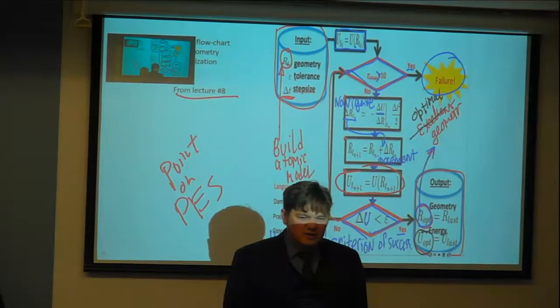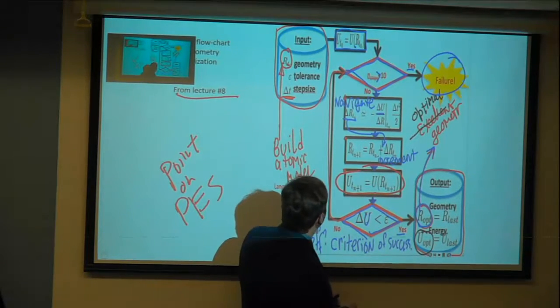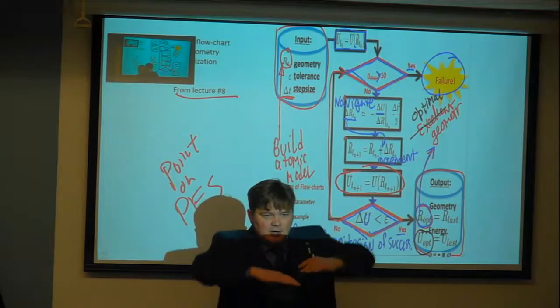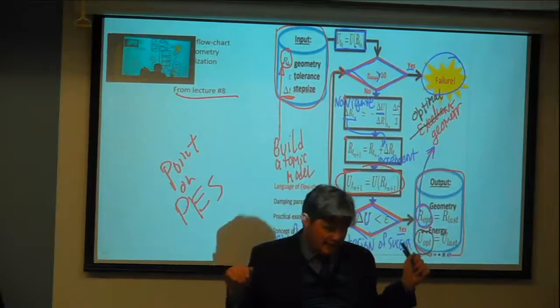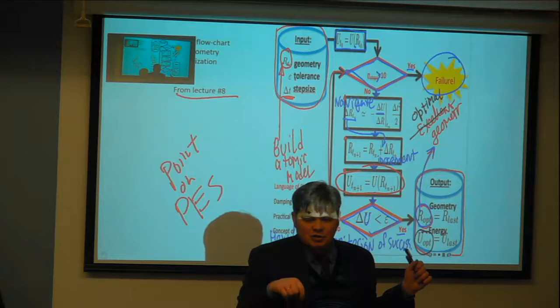We were algorithmically finding the minimum of the harmonic potential of a parabola, step by step, by increments delta R, right? We were assuming that the potential energy surface is provided, but we can find it only for such a point where we are located right now.